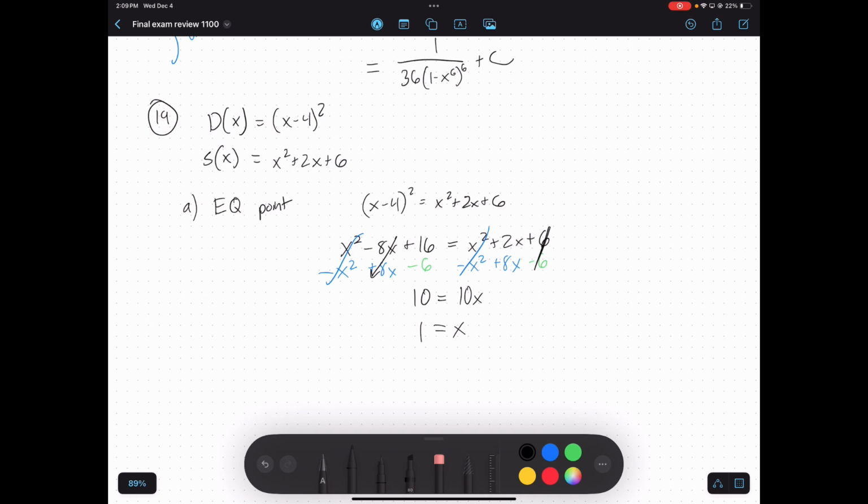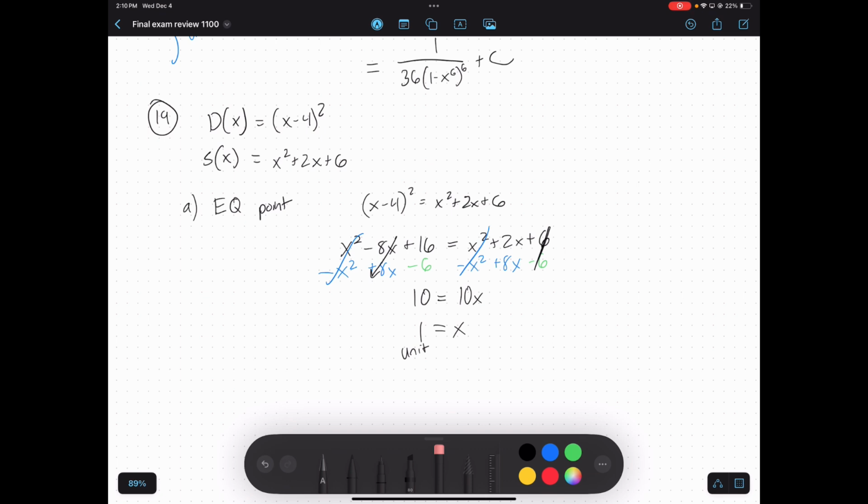Okay. So, the equilibrium point is producing only one unit. Maybe this is in terms of thousands of units. I don't know. But we just produced one unit at what price? We plug that into d of x or s of x. Doesn't matter which one, because that's the whole idea of equilibrium point, is the values are going to be the same for both of them.